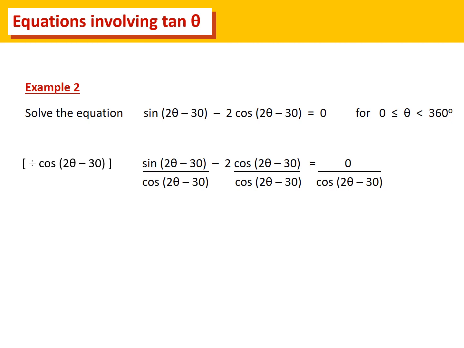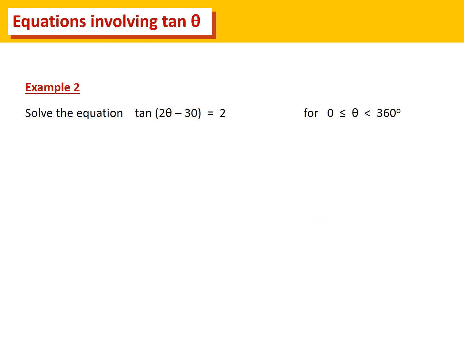In the second term, the cos term cancels out, so you're left with subtract 2, and the right hand side is 0. So we're left with tan of 2 theta subtract 30 equals 2. That's what we're trying to solve.